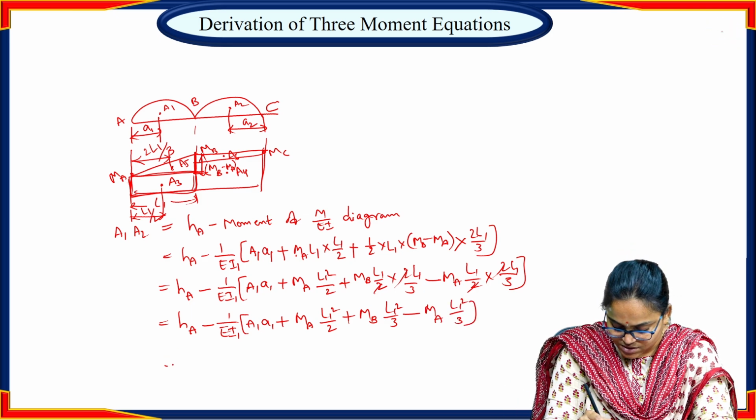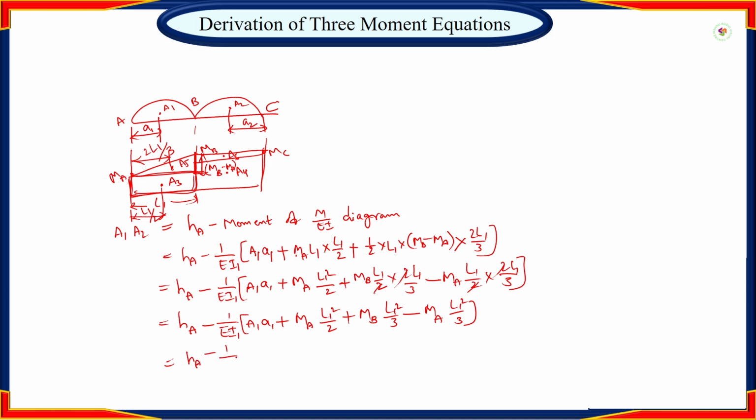Now from this, HA minus 1 by EI1 into A1 plus MA into L1 square by 2 minus L1 square by 3, plus MB into L1 square by 3.